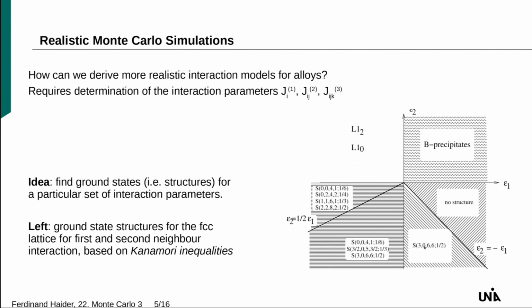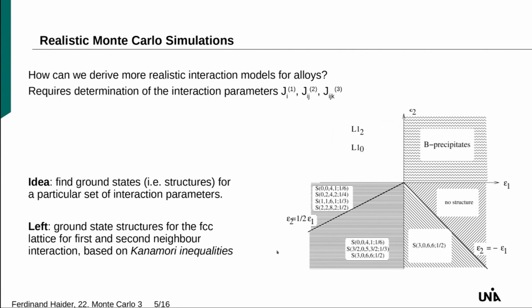This is the number of neighbors on first, second, third, fourth shell, I think, and that's at 50%. And here, at last, no structure is expected. So these are the ground states.